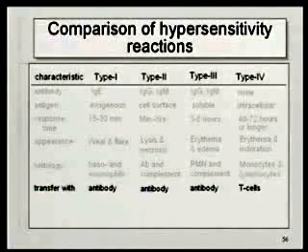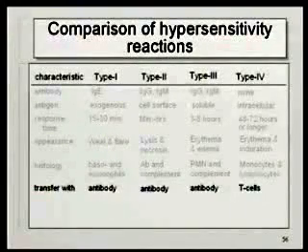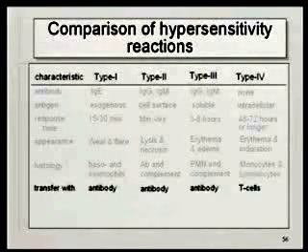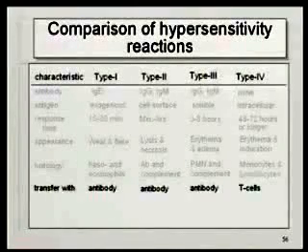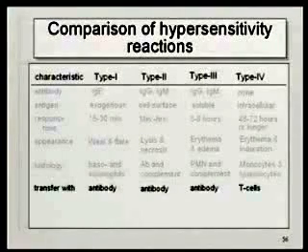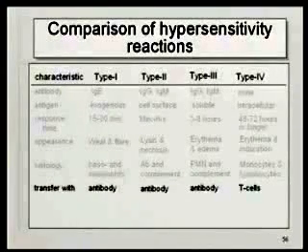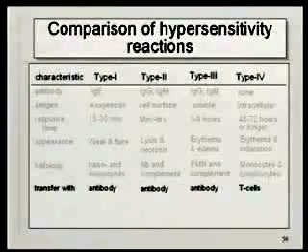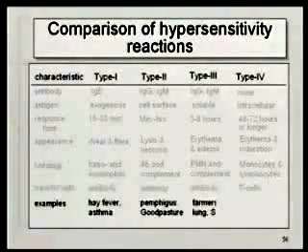But that test is not done anymore. So type 1 can be transferred with antibody, type 2 can be transferred with antibody, type 3 can be transferred with antibody. Okay? But not type 4. For type 4 hypersensitivity, you require T-cell transfer.